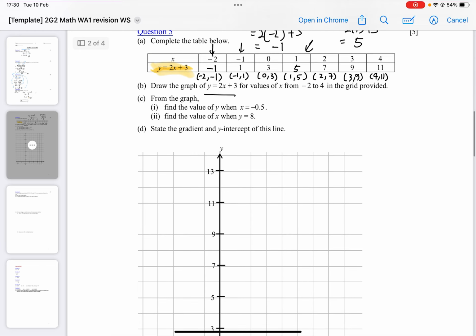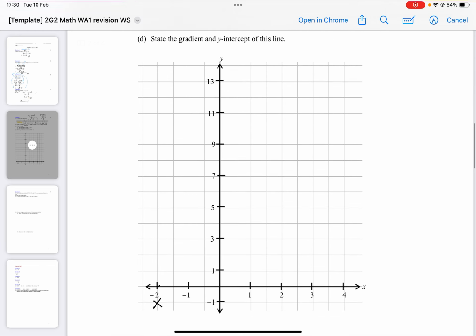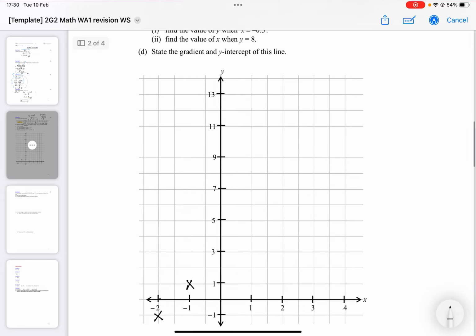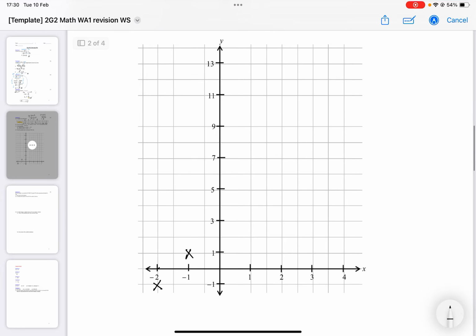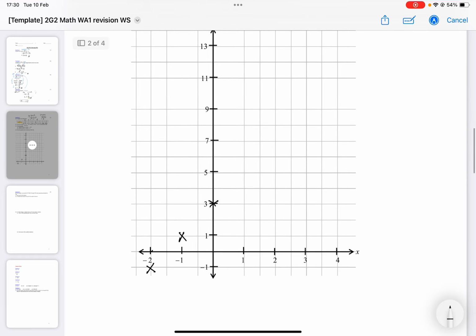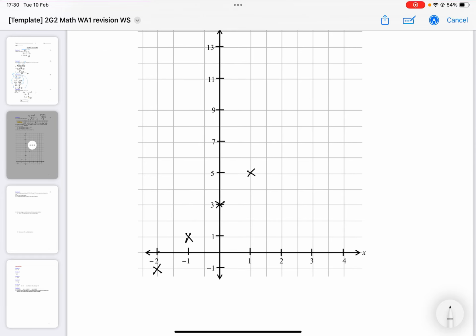Second point, negative 1, 1 here. Then 0, 3. 0 means no left, no right, but up, down is at 3. Then 1, 5.